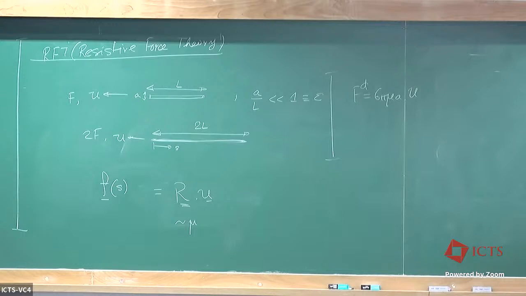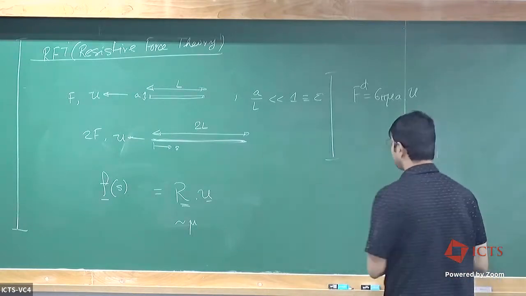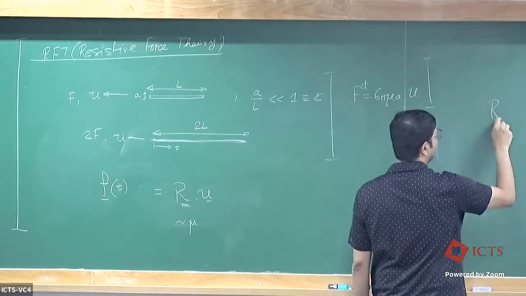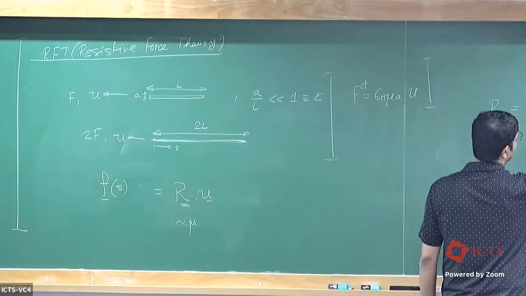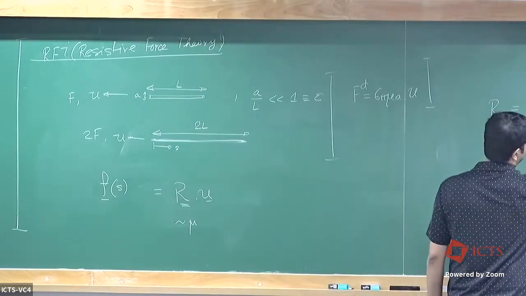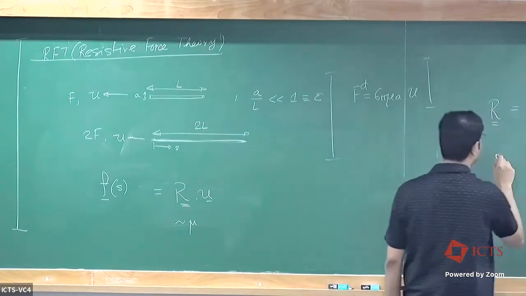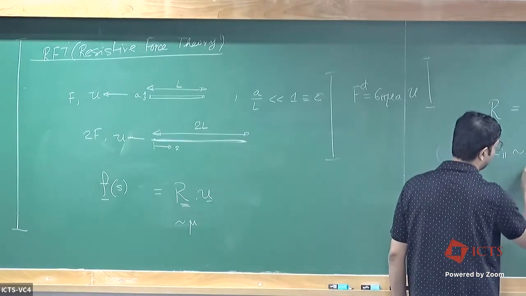So R in this problem is given by, where C parallel is typically half of C perp.